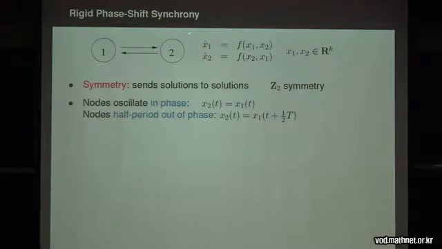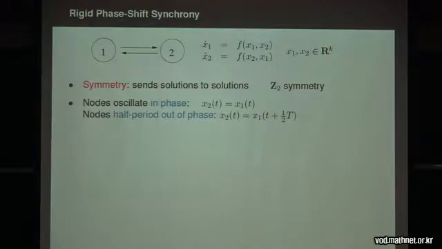That is, x1 dot is a function of the internal state variable x1 and the coupling variable x2. x2 dot is f of, again, now x2 as the internal state variable, and x1 as the coupling variable, same f. That's the identical part in here.